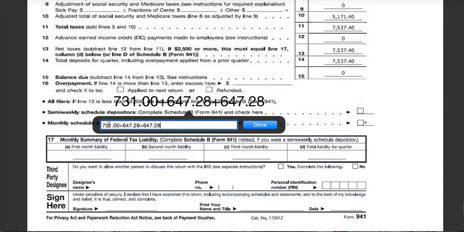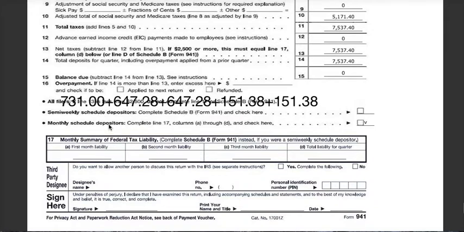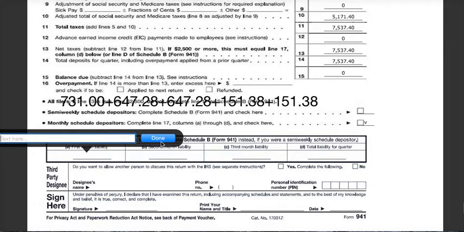$647.28 plus my Medicare tax withheld is $151.38. Again, plus $151.38. That should give you a grand total that belongs right here.